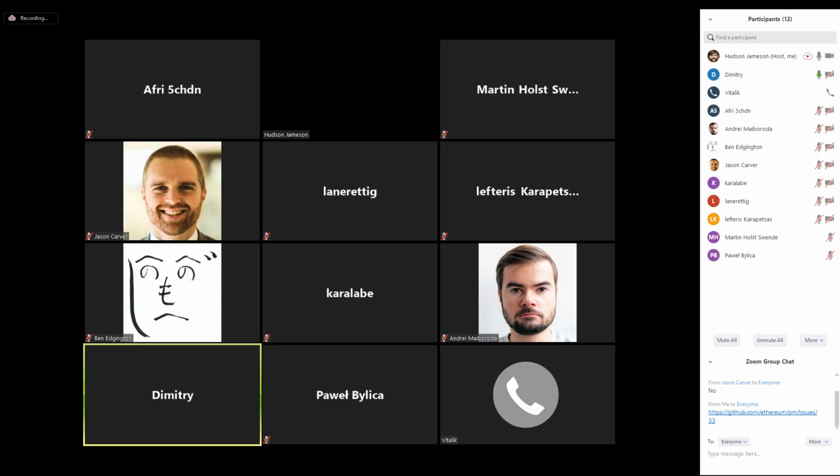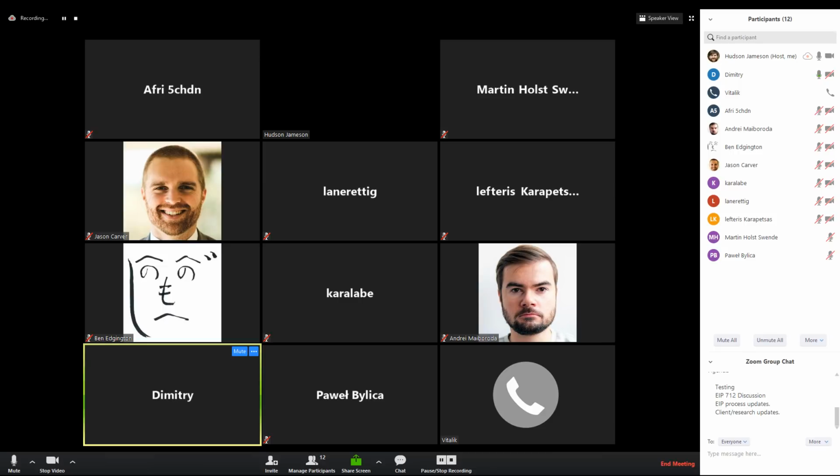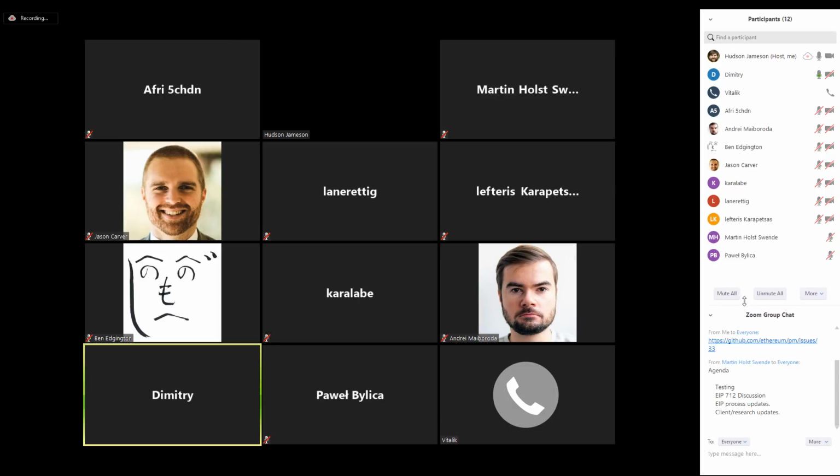I continue developing these RPC methods with the retesteth tool, and I'm upgrading the CVP client, and I found out that some of the tests are actually wrong, some of the state tests. I'm currently investigating what exactly the issue was and refilling those broken tests.